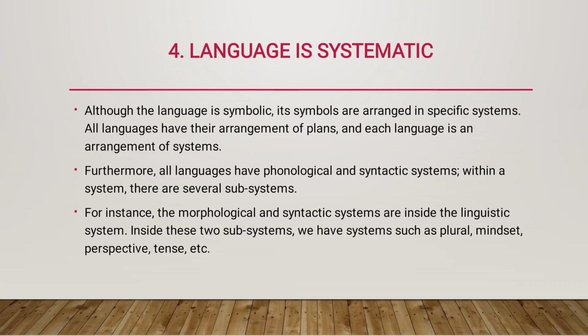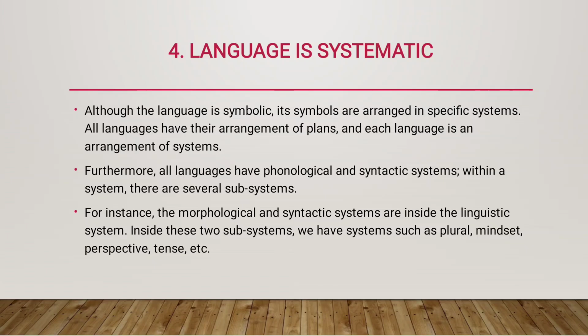Okay, we'll move to the next feature of language, that it is a system, a systematic unit. Though language is symbolic, its symbols are arranged in specific systems. All languages have their arrangements of plans, and each language is an arrangement of systems.